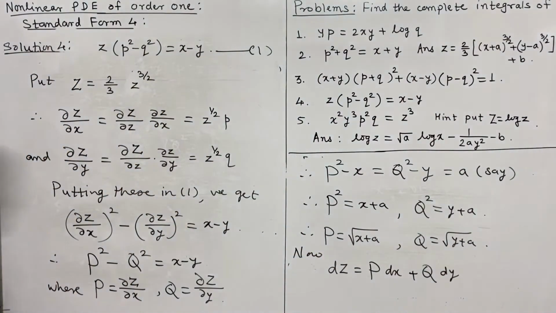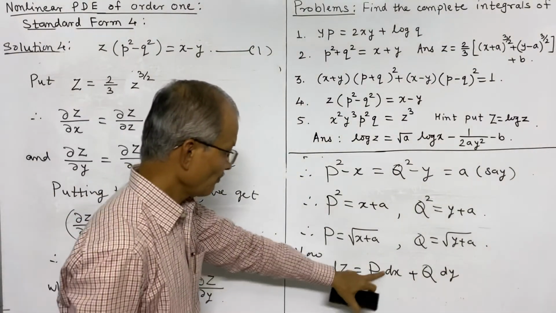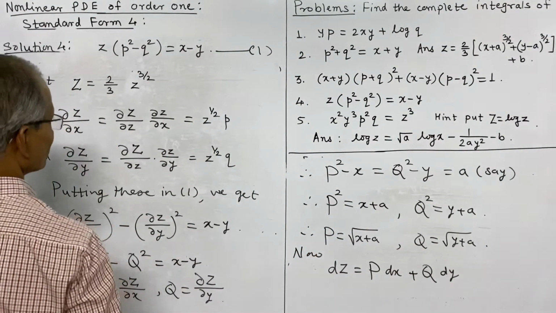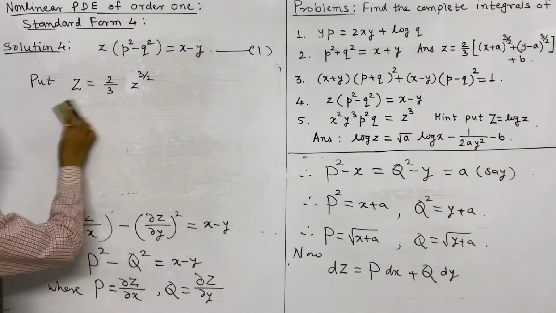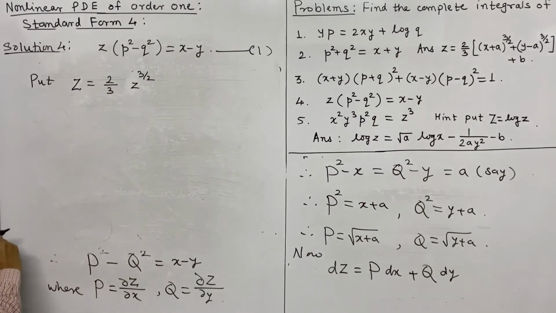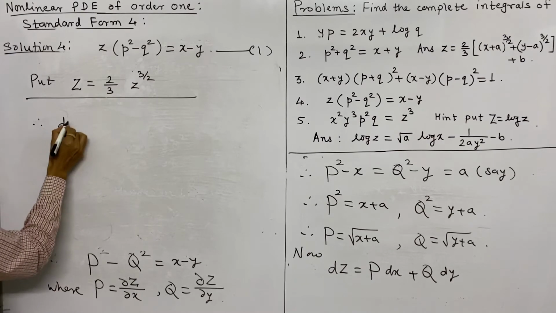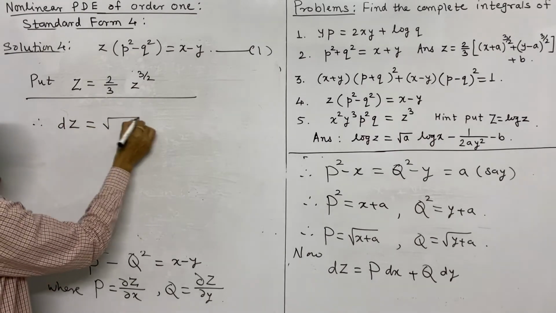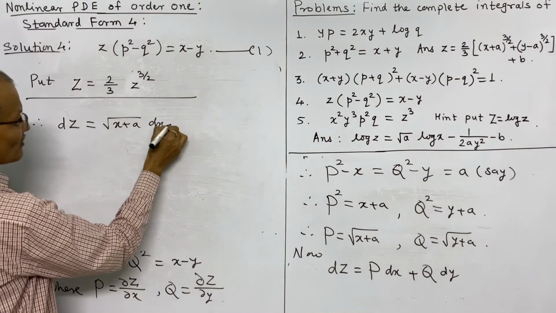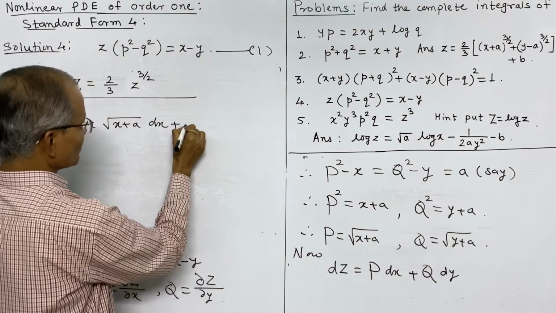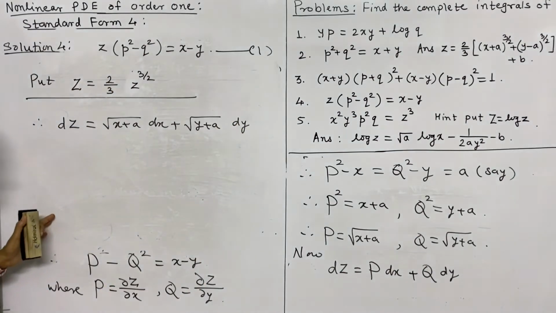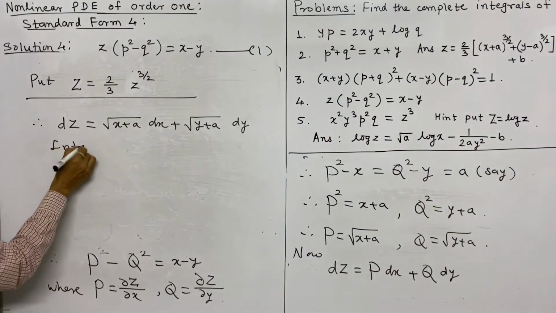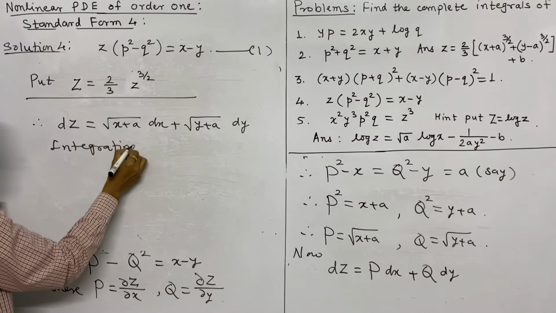Put the value of P and Q, that I shall write here. This we must replace finally, that is dZ is equal to root of x plus a into dx plus, and Q is root of y plus a into dy. Now integrate. The part of integration here in this form is easy.